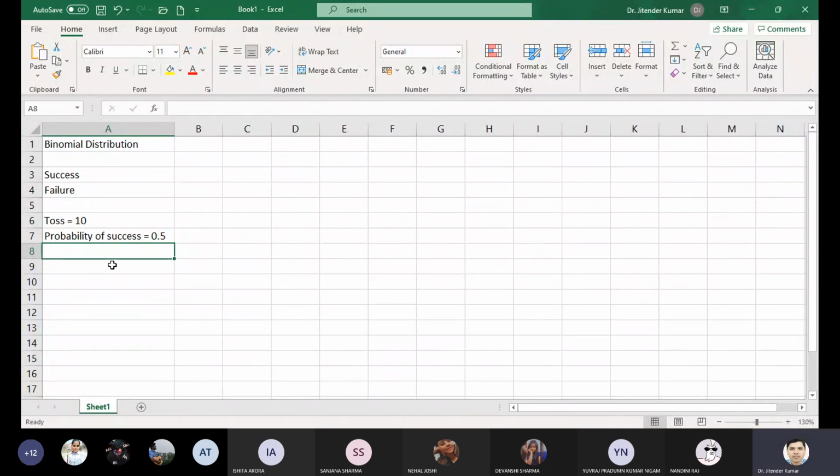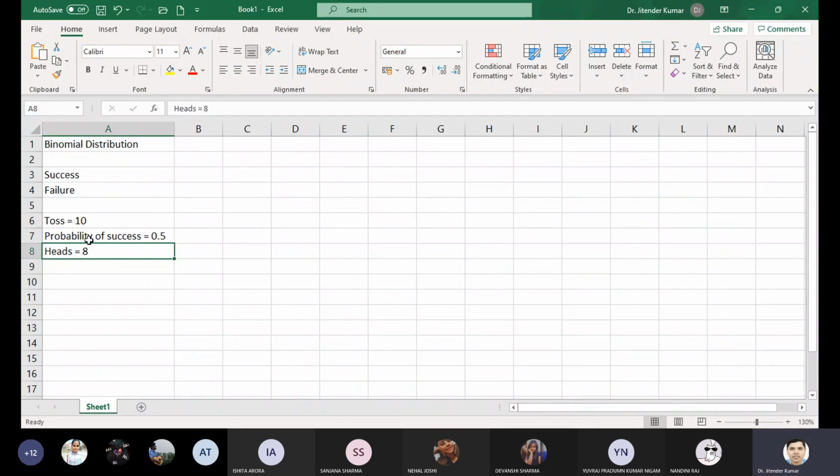Now I want to know, if I toss a coin 10 times, what are the chances that 8 times I get heads? I said 5 times heads and 5 times tails, chances 50% each. So what is the chance of 7 times or 8 times heads?